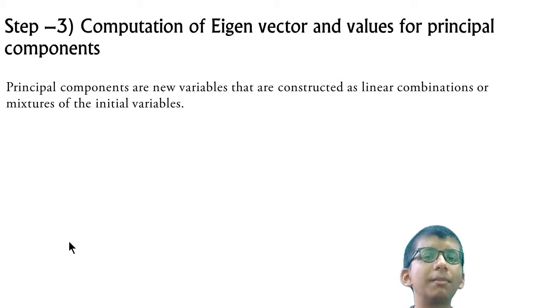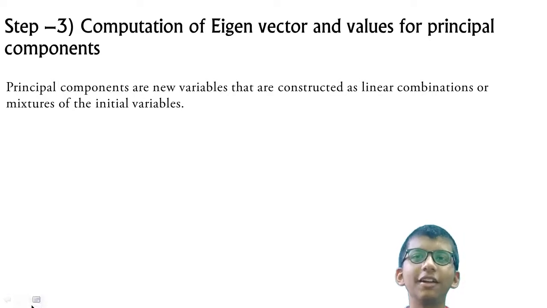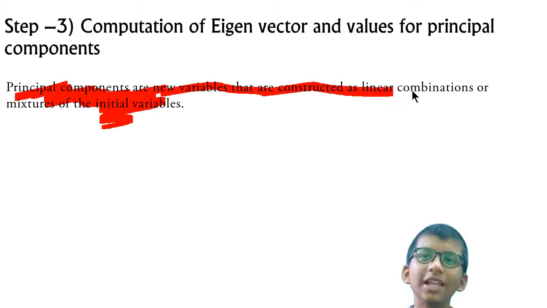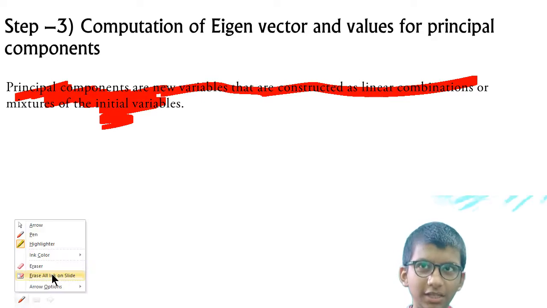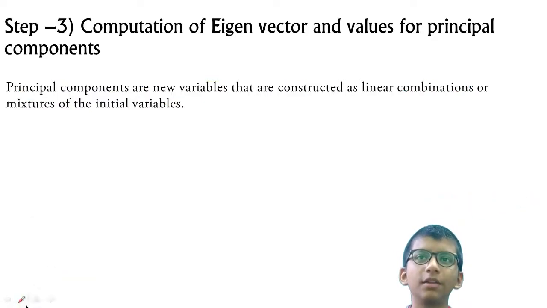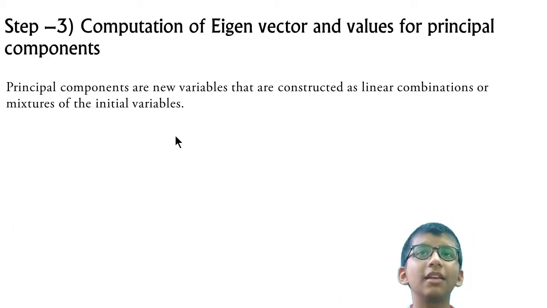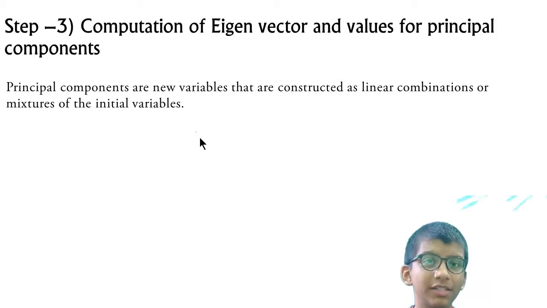So what are principal components? They are new variables that are constructed as linear combinations, or mixtures, of the initial variables. I've written this equation in a messy way that would not be very clear, so let's make it easier.